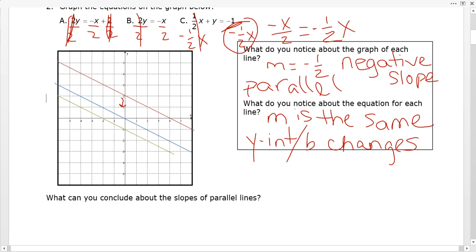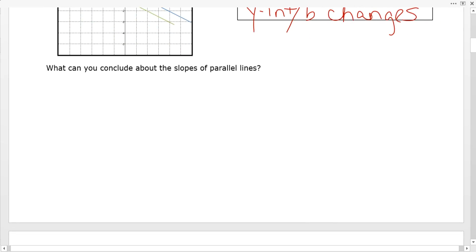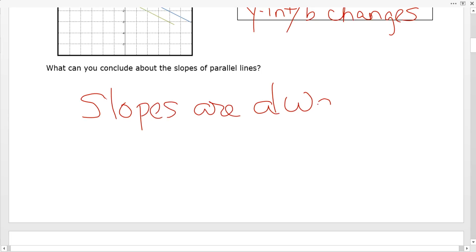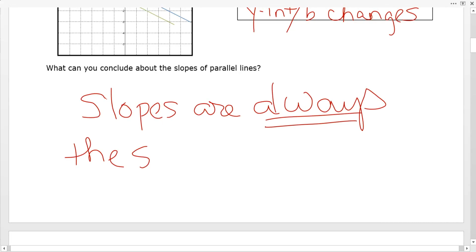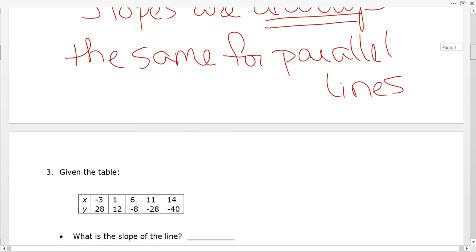So guess what we know about parallel line slopes? The slopes are always the same. So if I can figure out the slope, I can always find another line that's parallel because the slopes are going to be the same.